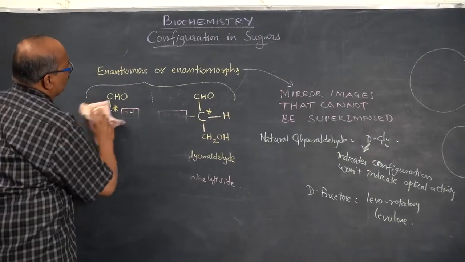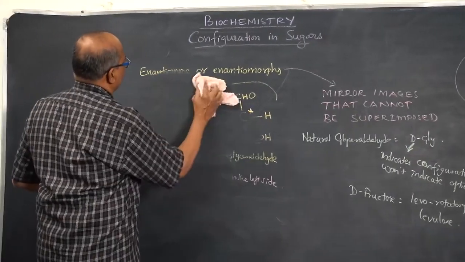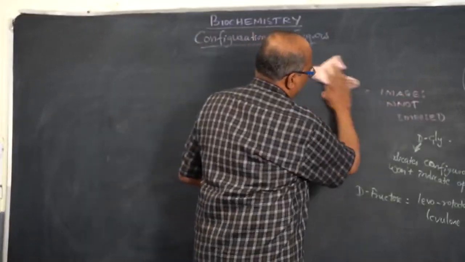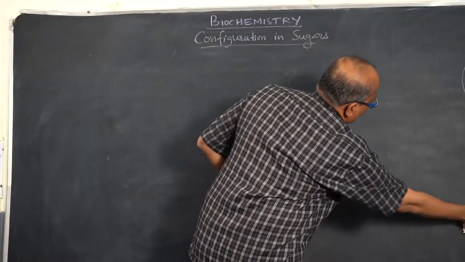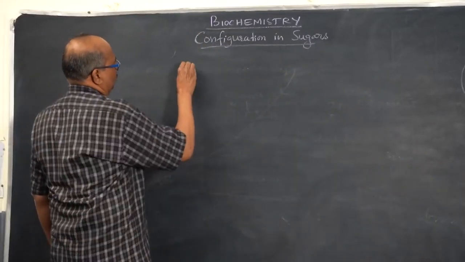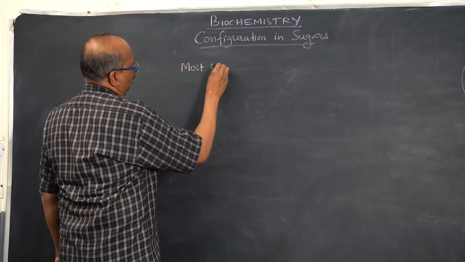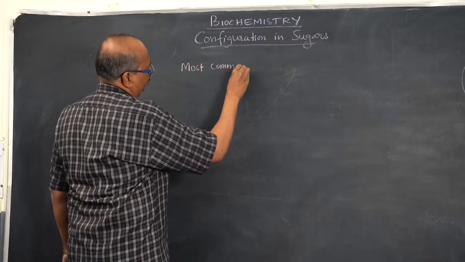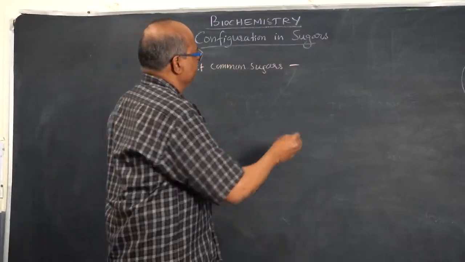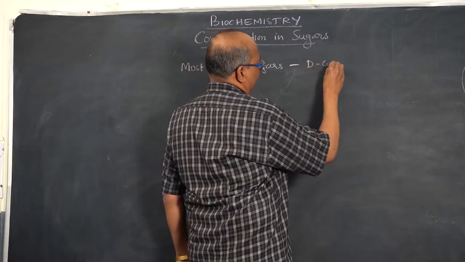Most of the naturally occurring sugars have D configuration. So most common sugars, the natural sugars, have D configuration.